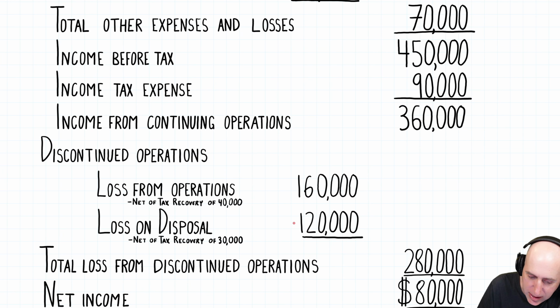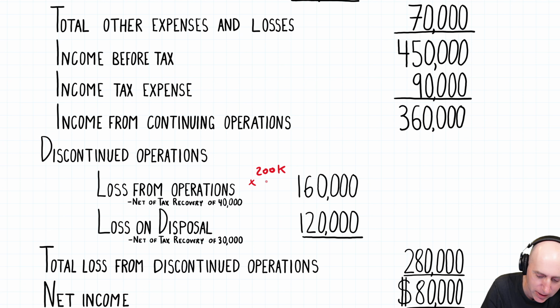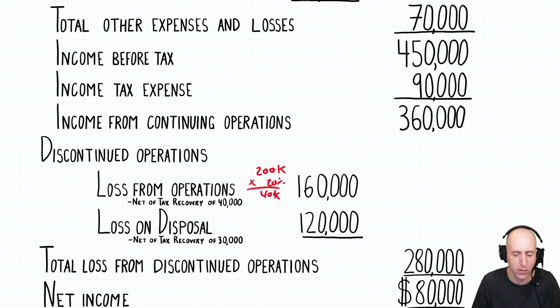And you'll notice a key here is when you're doing discontinued operations, you do it all net of tax. The idea here being for the loss from operations, we actually lost $200K in our Canadian, in this example, operations. 20% tax rate, same as up above, means $40K of tax. Now, what does that mean?